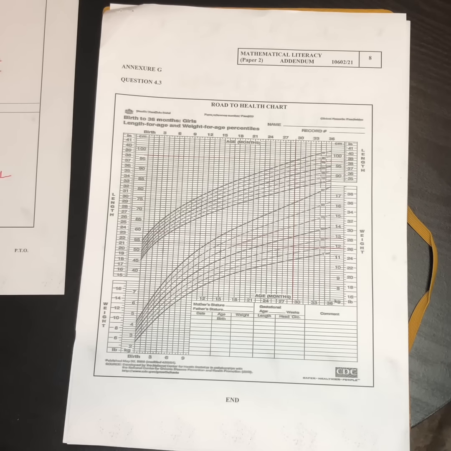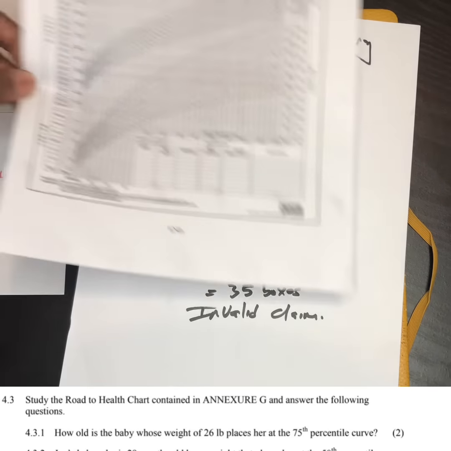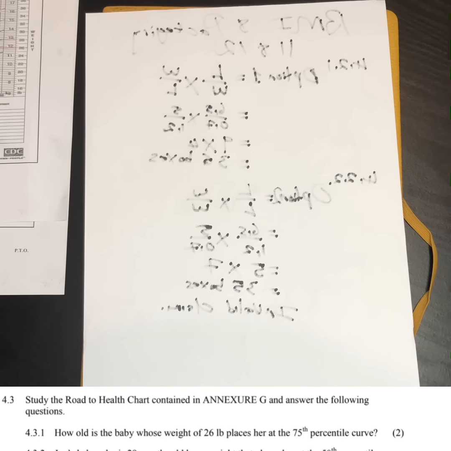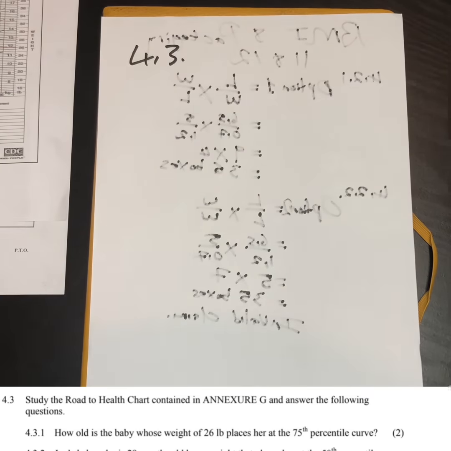So let's look at the first question, which is 4.3. It says: how old is the baby whose weight is 26 lb and places her on the 75 percentile curve?